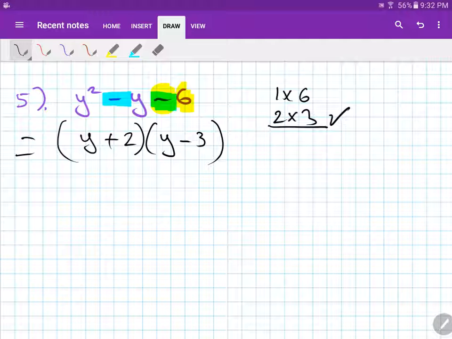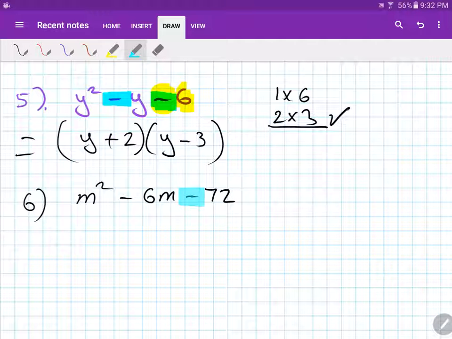Okay, so that's the process. Let's say number 6: m squared minus 6m minus 72. Because of the minus, I just write one plus and one minus.